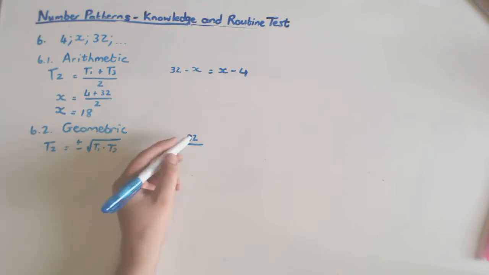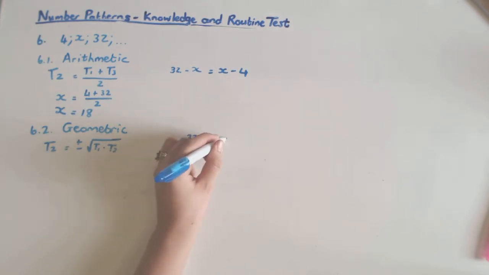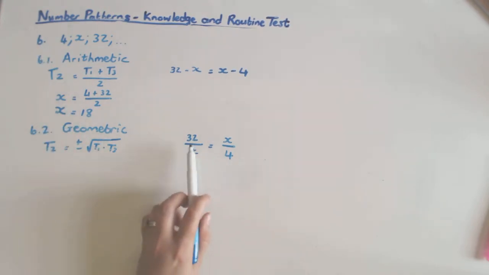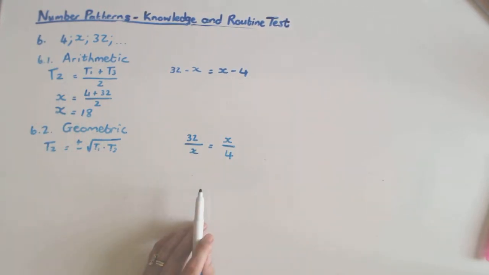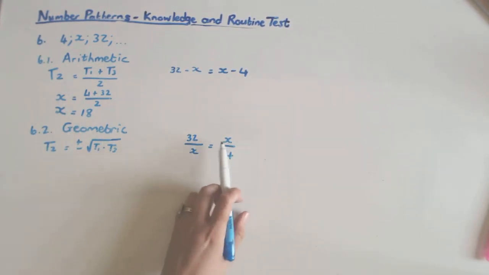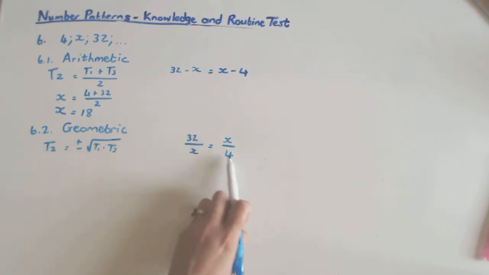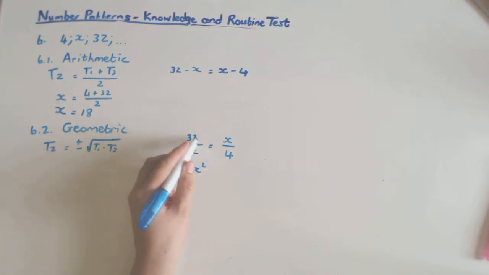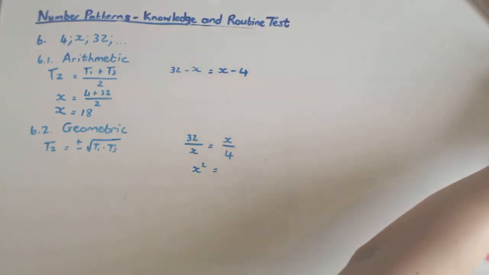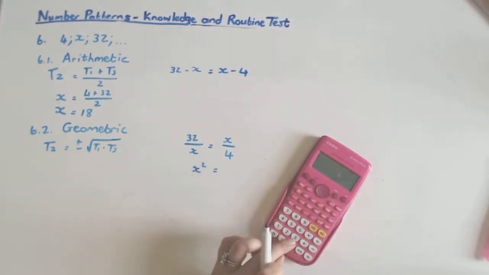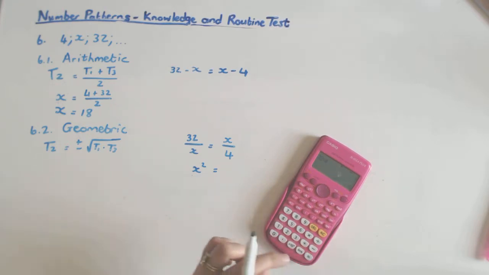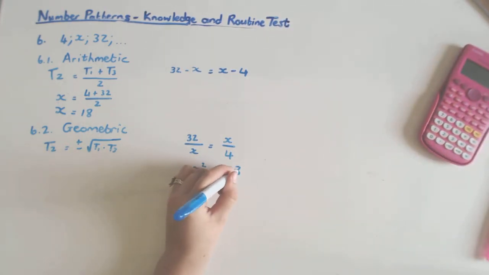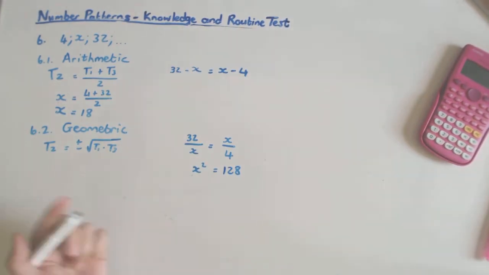So 32 over x should be the same as x over 4, like that, and go and solve for x from there. If you still don't know what to do with this, cross multiply: x times x is x squared, and 32 times 4 is 128, and then you can work from there.